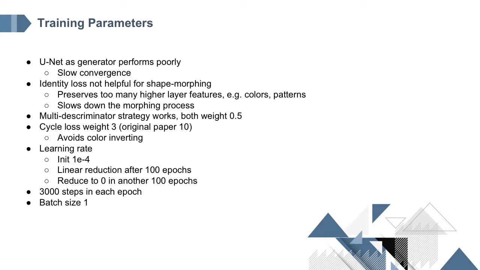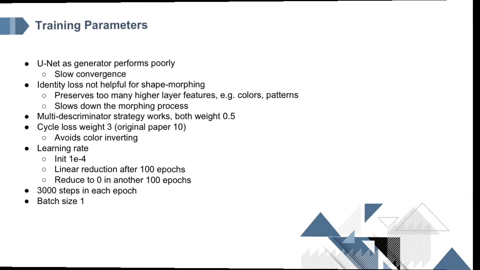For each epoch, there are 3,000 steps, which means we will randomly choose 3,000 images of cats and 3,000 images of dogs for each epoch. And the batch size we're going to use is 1.